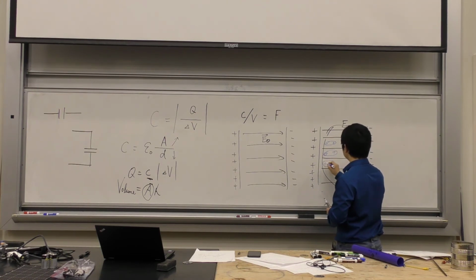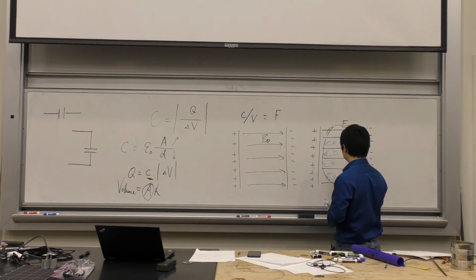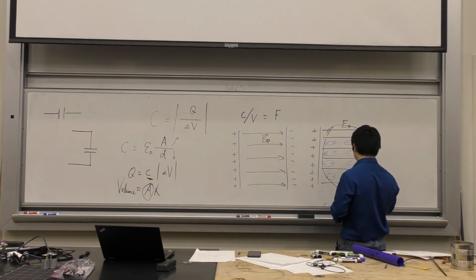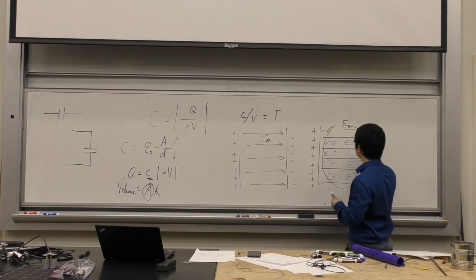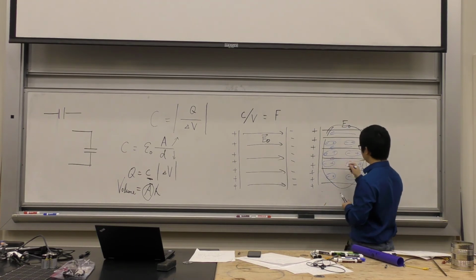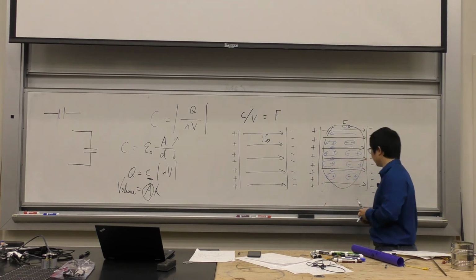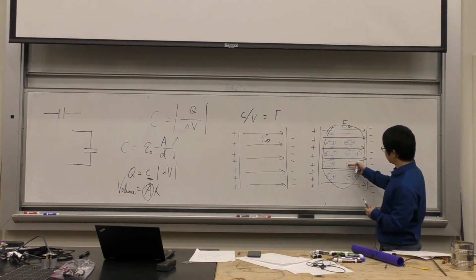So at the end, you see that there will also be a net electric field created by all these polarized atoms in this direction. It's going to be weak, right? But because the positive and negative charges are sort of separated a little bit, okay, this is going to be electric field, electric field, electric field.